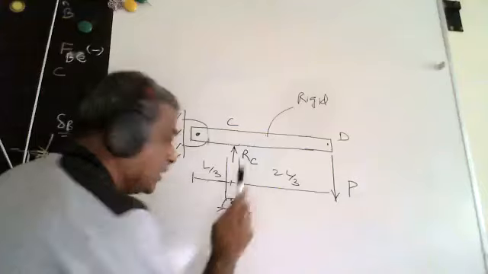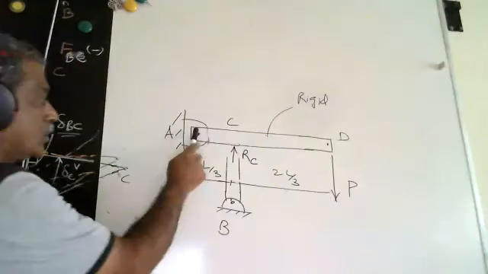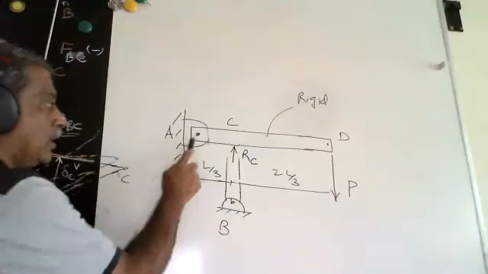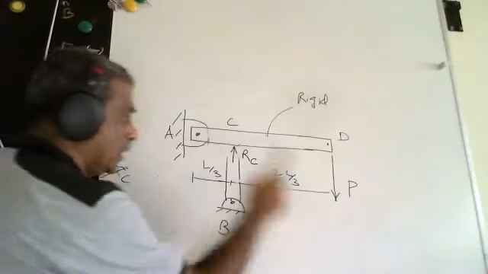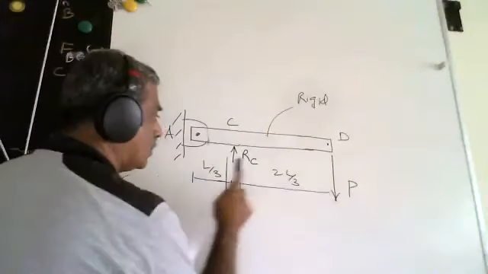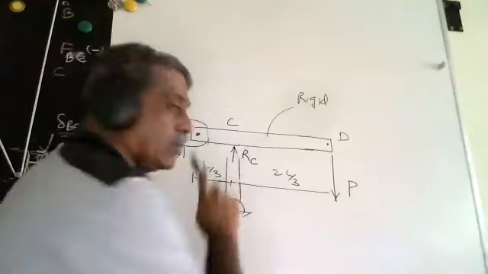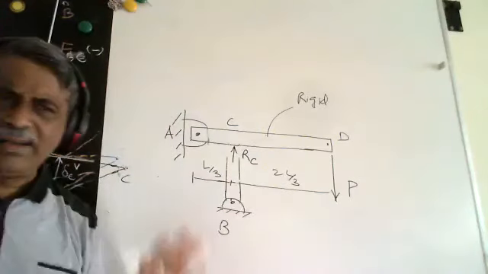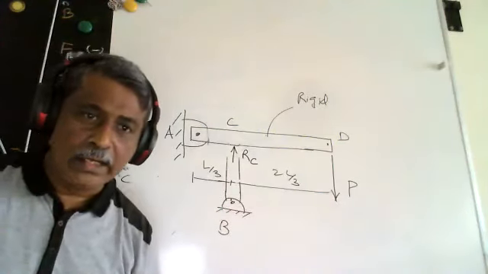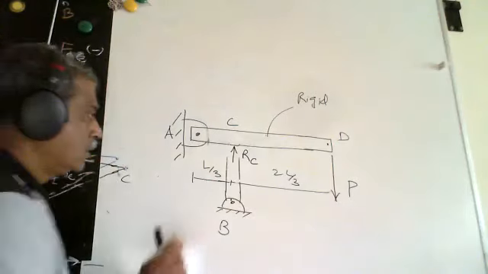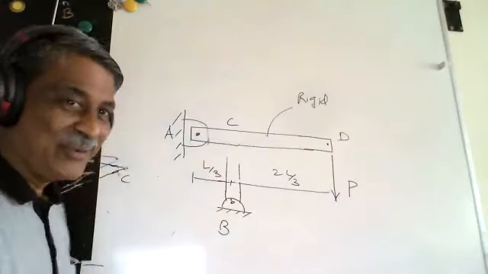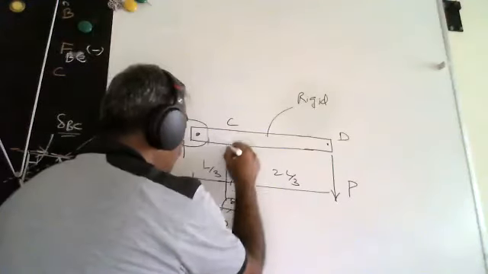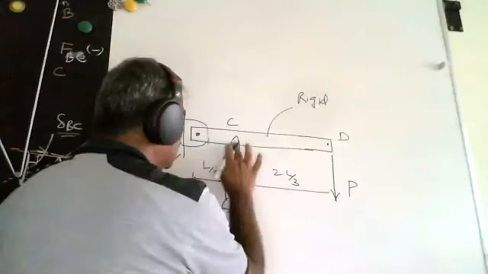RC is something that I don't know. There are also reactions over here. But in order to eliminate reactions over here, I can take moment about this. In the moment equation, this is known, this is not known, so I can find out RC. Clear? So simple. This is something that I did in engineering mechanics. So now this is simple to solve.